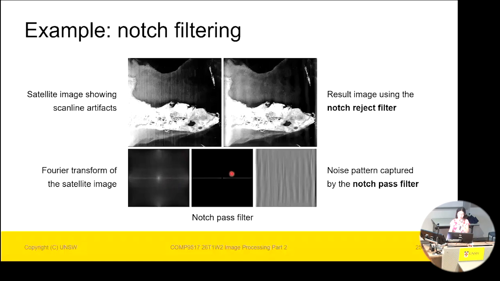But then of course, my question would be, how would you know these frequencies actually represent this noisy region? It's really not clear to me. Typically, either you have a way to measure what the frequency is, or it could come from expert knowledge. They have experience with this image acquisition device and know that's the frequency this device is causing.